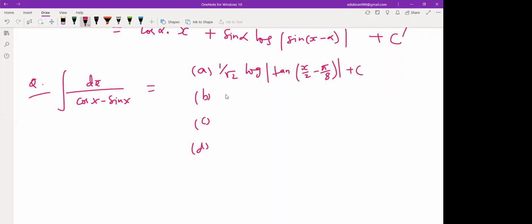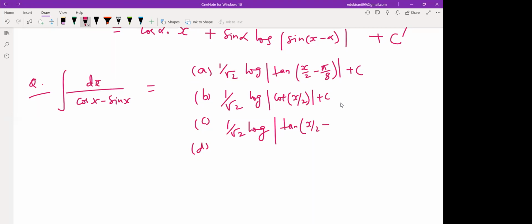Then 1 by root 2 log mod of cot x by 2 plus c, and 1 by root 2 log tan x by 2 minus 3 pi by 8 plus c, 1 by root 2 log again tan x by 2 plus 3 pi by 8 plus c.